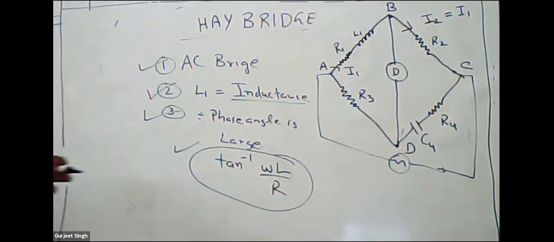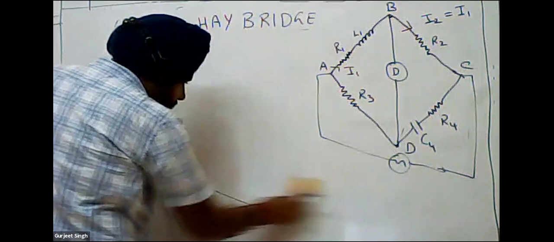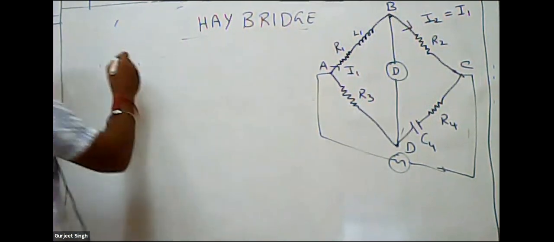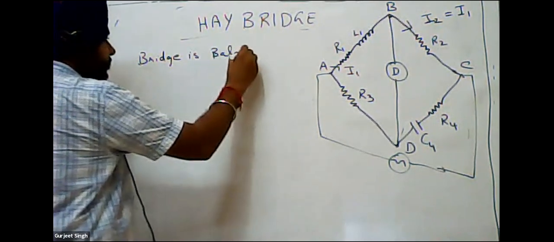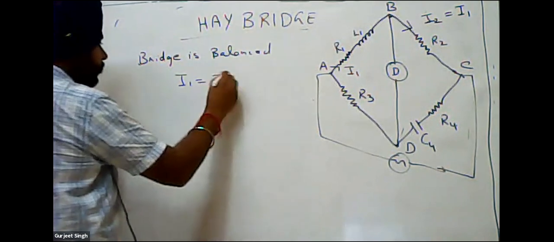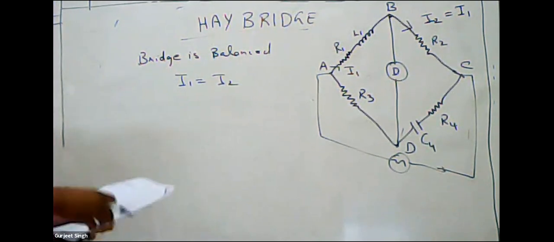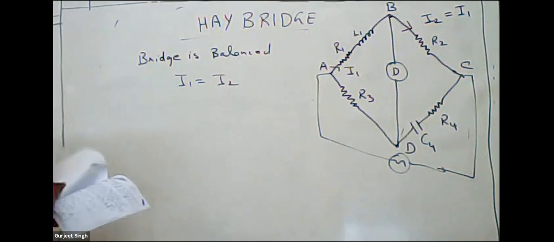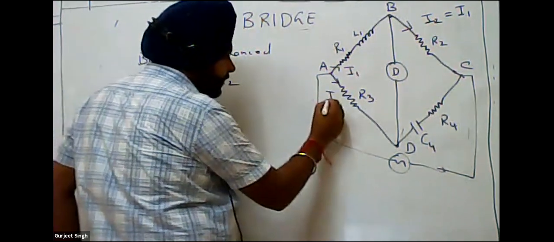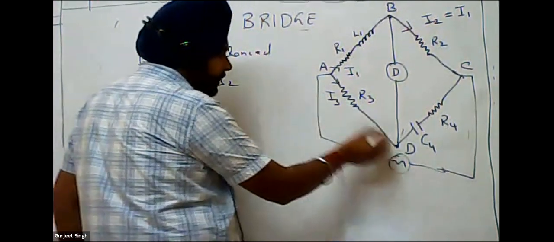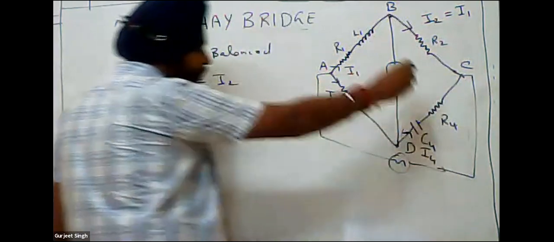So our bridge is balanced when I1 is equal to I2, means no current is flowing through the detector D. At that point our bridge is balanced, and if the I3 current is flowing through the R3 and no current flows to this detector, and the whole current, that is the I4 current, is flowing through this arm.